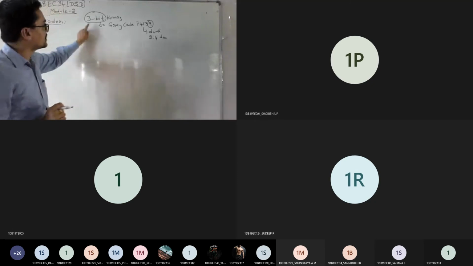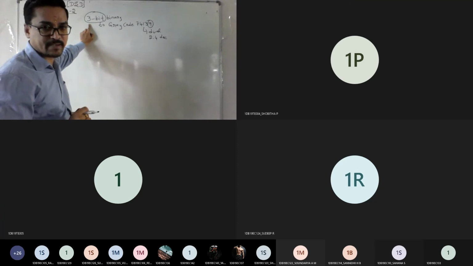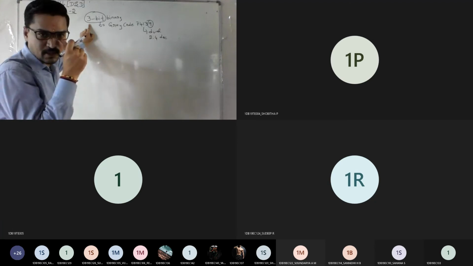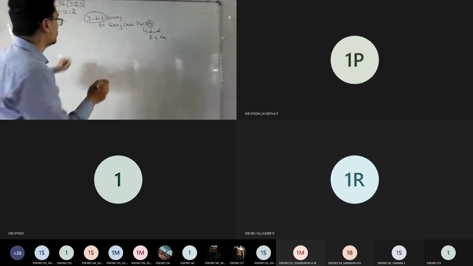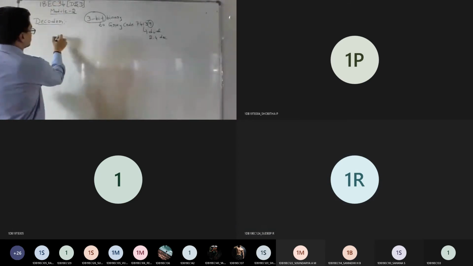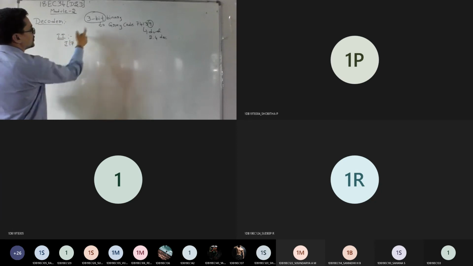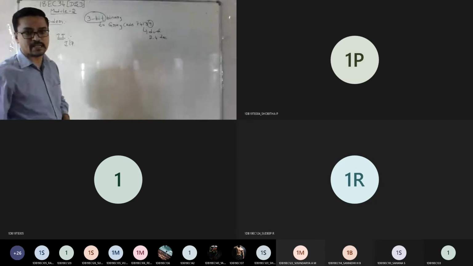Just listen carefully. Since I said 3-bit, what is the meaning of 3 bits? How many inputs? 3 inputs. Good. So we need to build a table first. We will build a truth table now. Inputs are with respect to my binary code and outputs are with respect to my gray code.